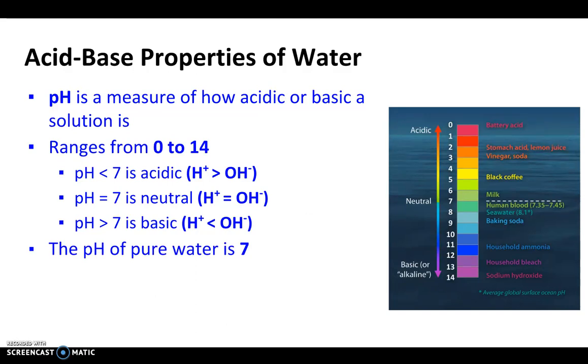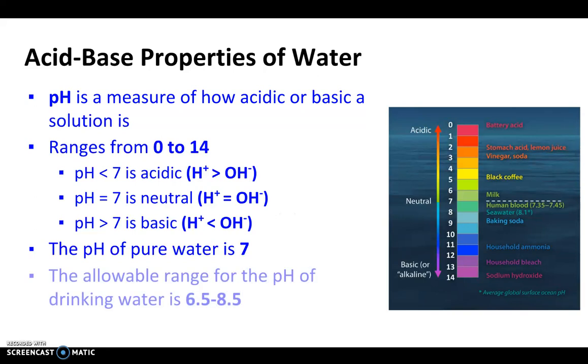And so most water has other things that are dissolved in it that might make the pH a little higher or a little lower. And that's okay. It's not a big deal. The allowable range for the pH of drinking water is 6.5 to 8.5. So that's a pretty large range relative to the concentration of the ions.